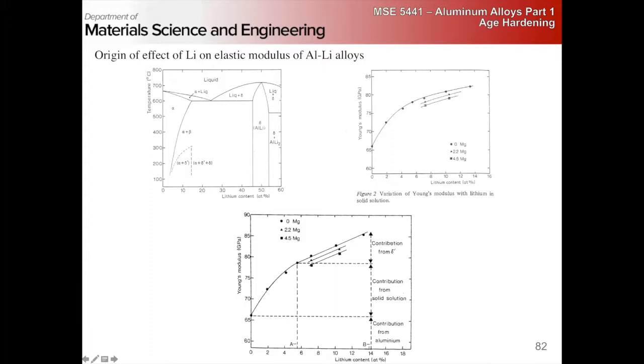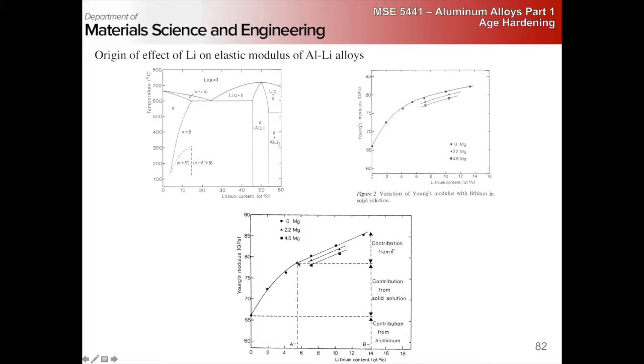So if we look here, this shows the stiffness, Young's modulus, as a function of lithium content, right? And you can see essentially you get a pretty big boost. This here is the reference stiffness for aluminum. This is the increase you get in the solid solution regime.